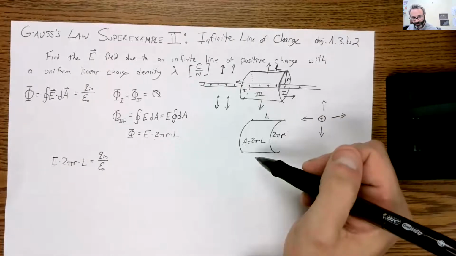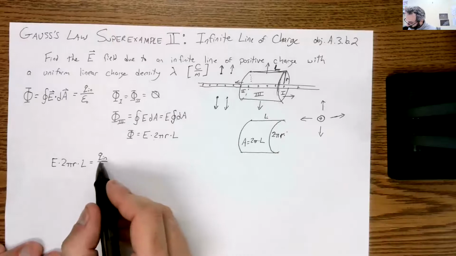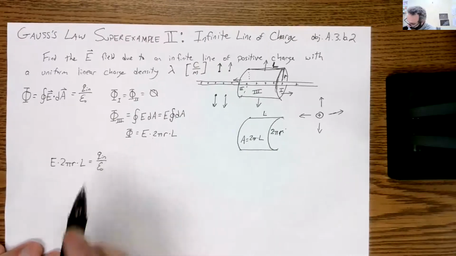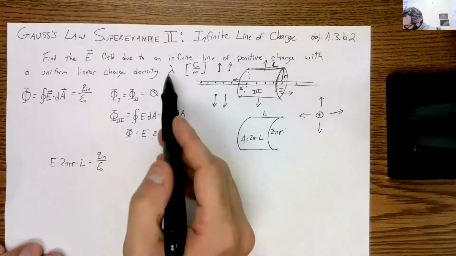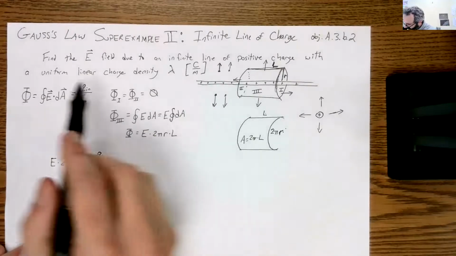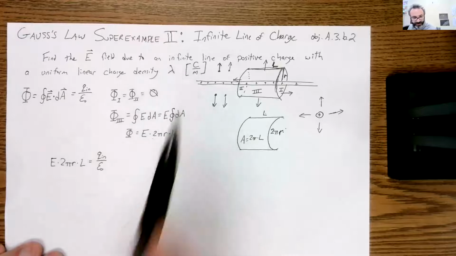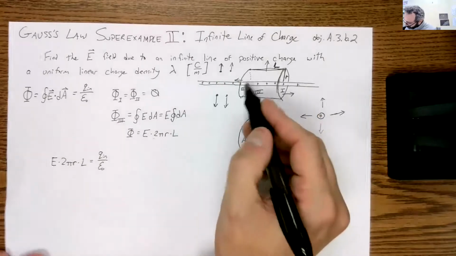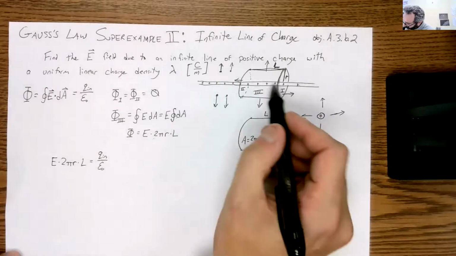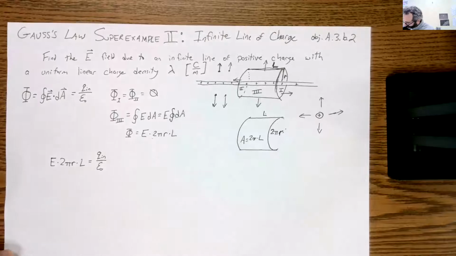We also don't know yet how much charge is enclosed in the cylinder, but we can figure that out quickly, because we know the linear charge density lambda. That's given to us. So the next question is: how much charge is inside the cylinder?